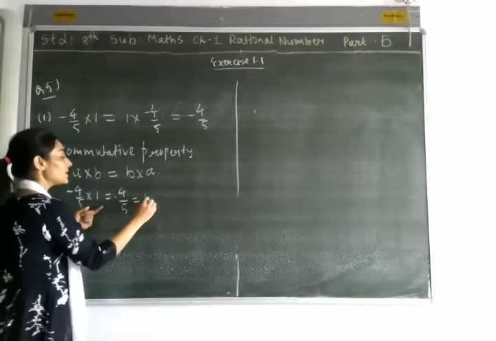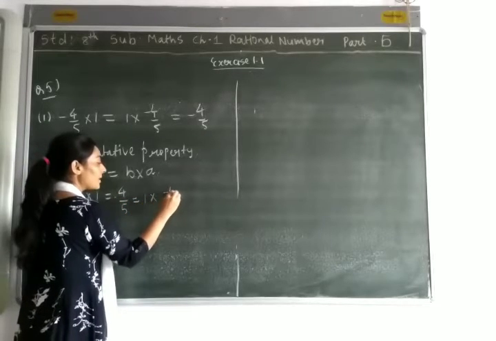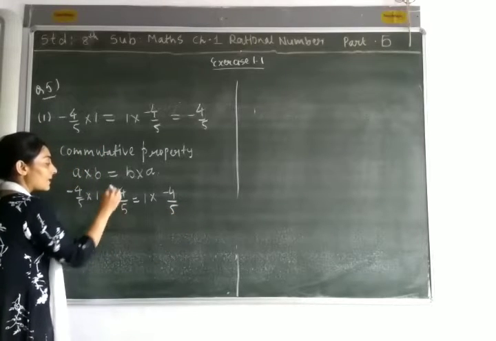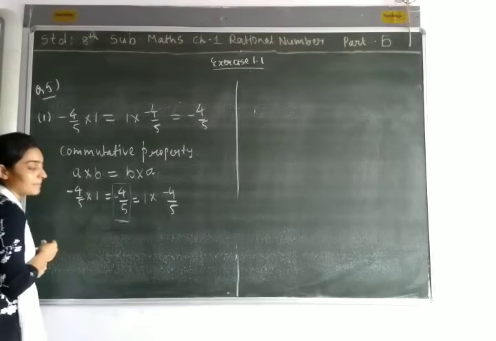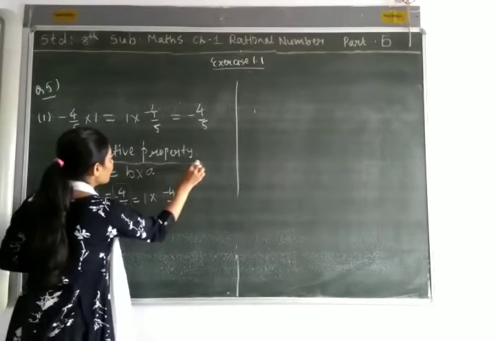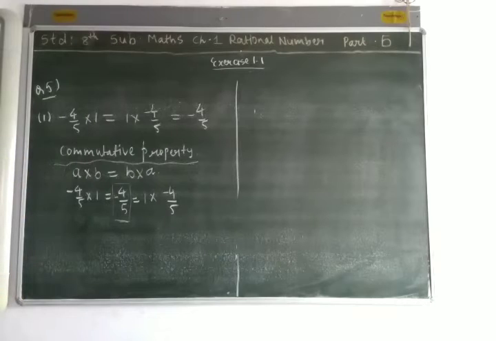When you interchange the places, I am getting minus 4 upon 5 only. The answer will remain the same. So you have to write the name only. Which property are we going to use over here? That is the commutative property.